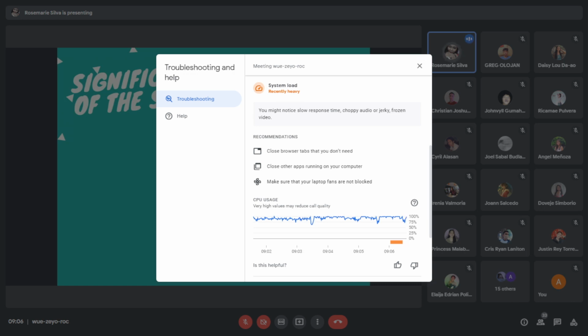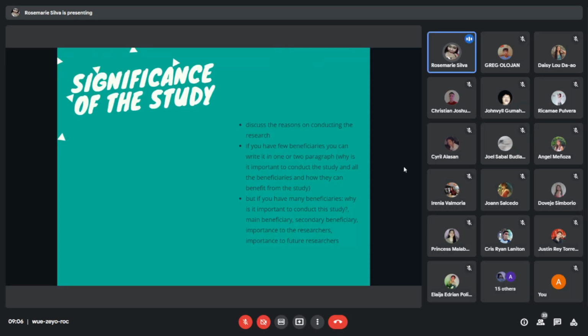Let's just say for example, ang beneficiary ninyo is ang school, ang students, ang parents, ang other stakeholders sa schools, ang researchers and then the future researchers. So those are many beneficiaries, so pwede na siya nga naka-bullet form.